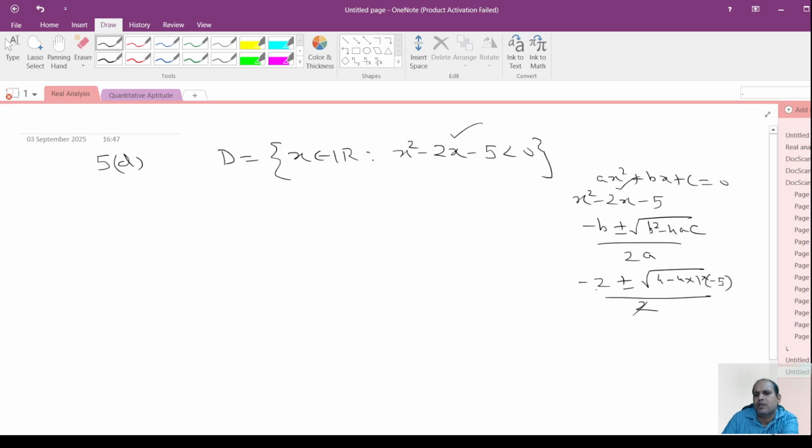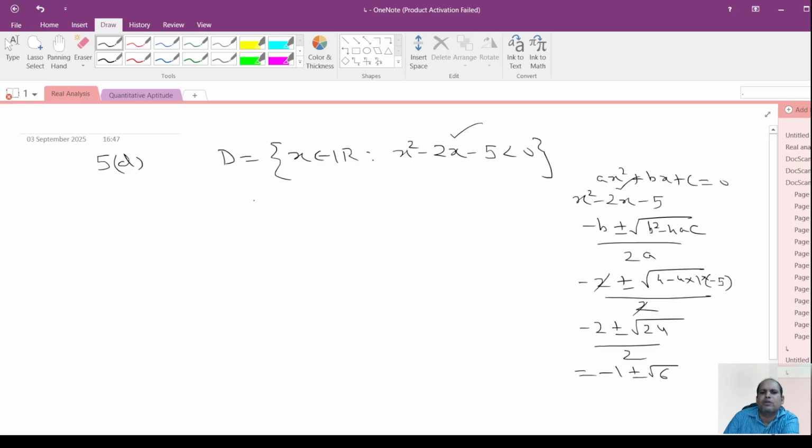So, 2 gets cancelled out, and within the square root we need to cancel by 4. So, it will be minus 2 plus minus root of 4 plus 20, that is 24, upon 2, and cancelling in the next step, it will be minus 1 plus minus root 6.